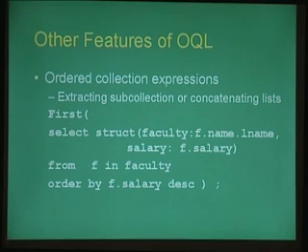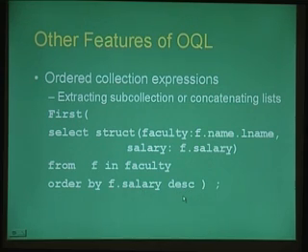Then you can also define ordered collection expressions. For example, here you are selecting a particular struct, that is a particular attribute from an object which is a struct, where F is an iterator over all OIDs in the extent called faculty, and you are ordering by faculty dot salary and designation or description or whatever.